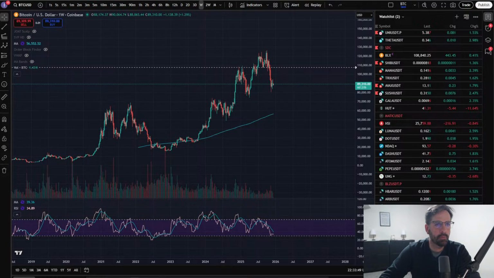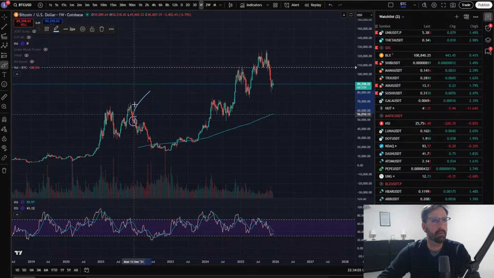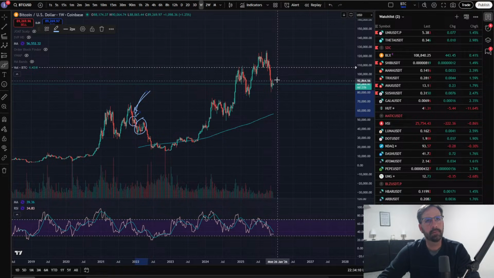I kind of think we're more in, how about November, December of 2021? That's kind of what I think we're in right now, personally. That kind of wave. This one right here. We're not in this one. We're in this one. That's what I'm seeing here, which means I'm looking for this to finish and then boom, come hit the low.